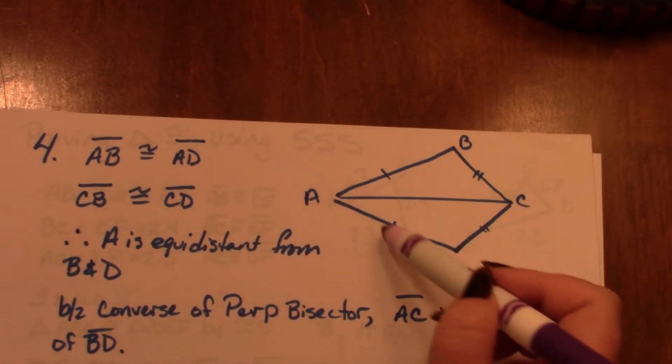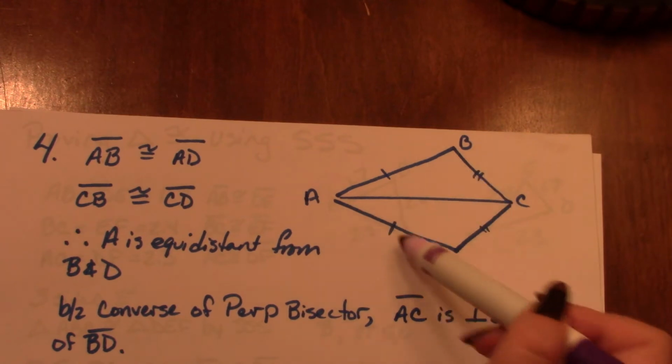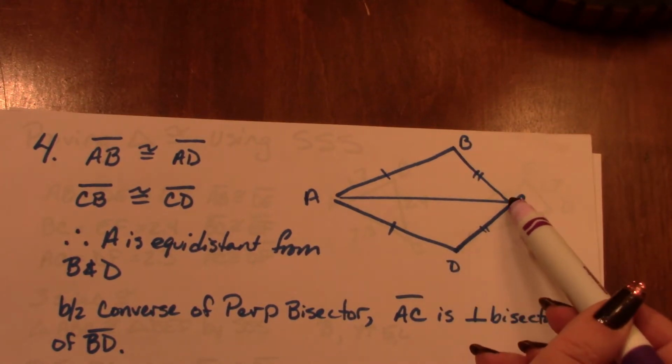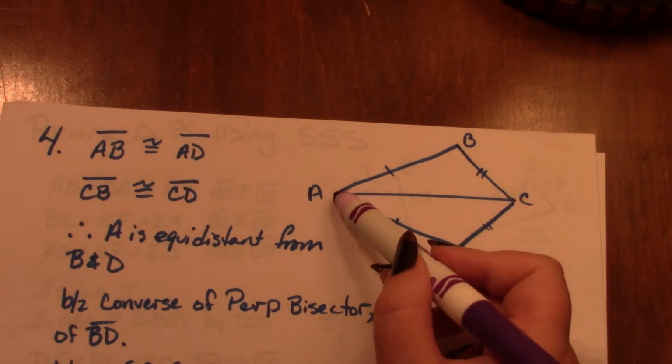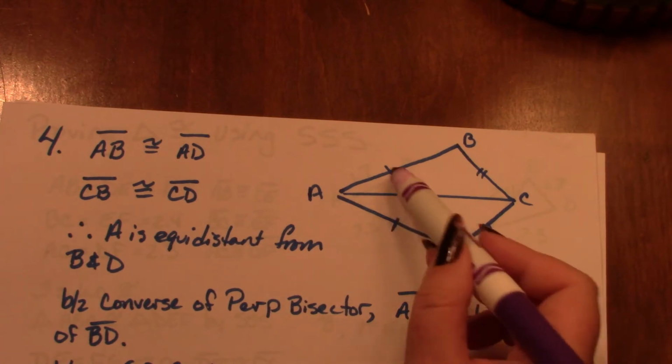Number 4 looks at triangles that are like this, and you know that line AB is congruent to line AD, and line BC is congruent to line DC. A is equidistant from B and D. That's what that line means.